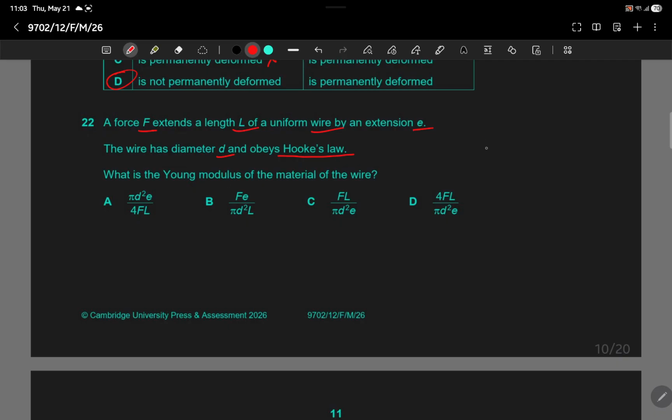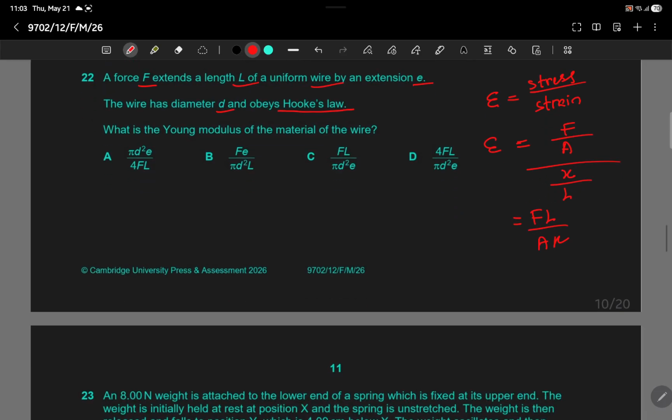So Young modulus is stress over strain. Stress is force over area. Strain is extension over original length. This comes out to be FL over AE.